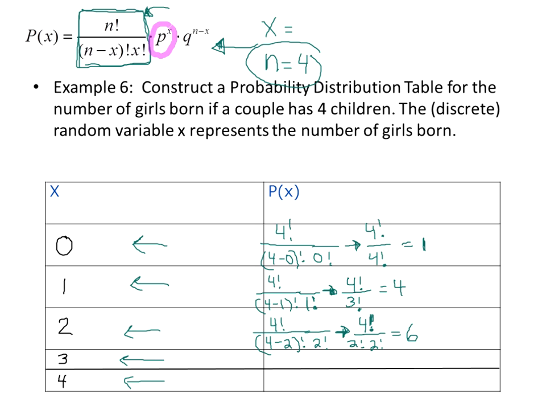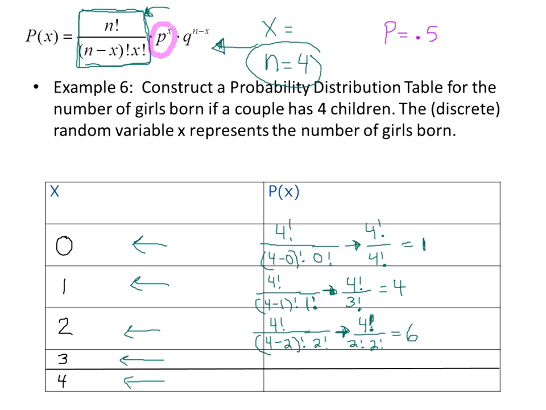This second part, that's the probability of a success, and x is how many successes you have. So P is the probability associated with x. So the probability of a girl, the probability of a success, the probability of having a girl is 0.5. So having a girl is 0.5.